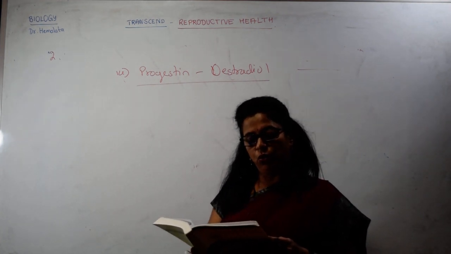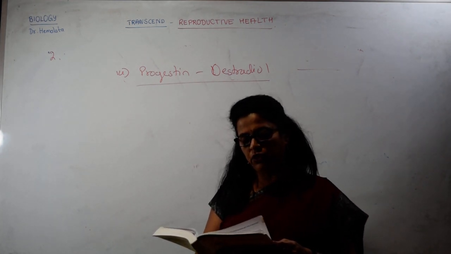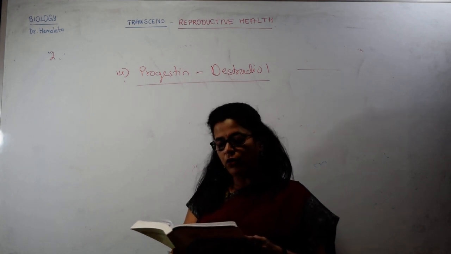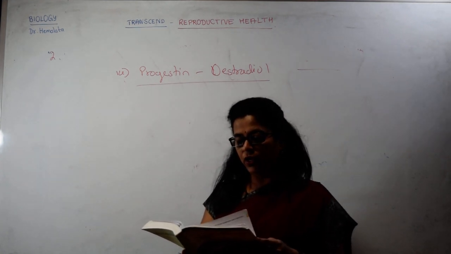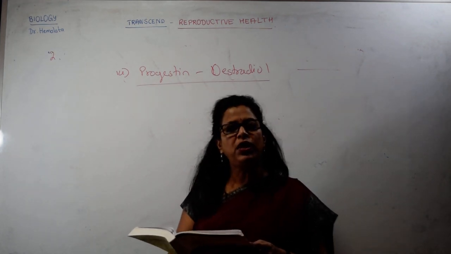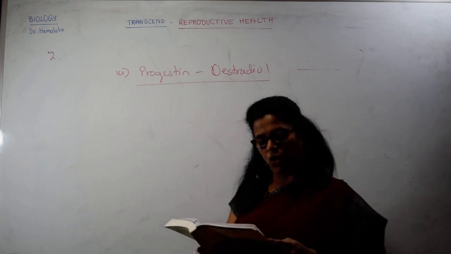How do they inhibit ovulation? First they said negative feedback on the release of estrogen required for follicular development during the follicular phase. But it is not going to give any negative feedback in the follicular phase, so that's a wrong answer.